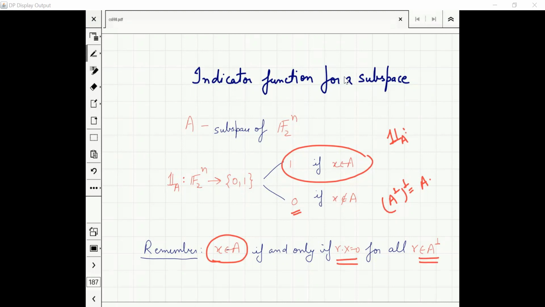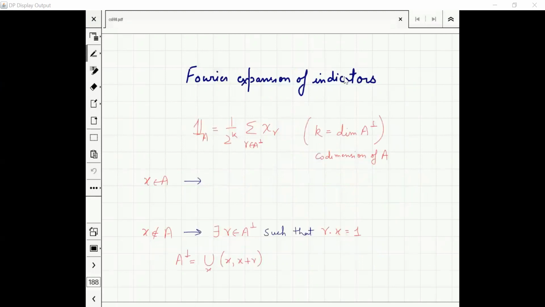Knowing this, we can come up with the Fourier expansion of 1A, and it turns out to be very simple.